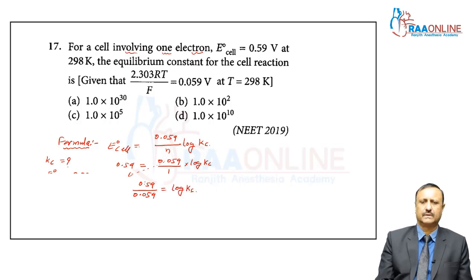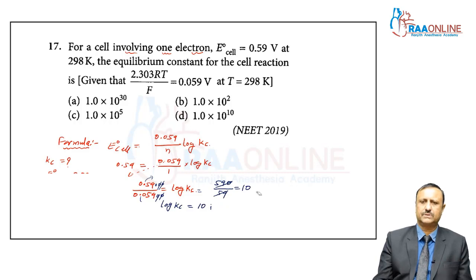When the decimal point is shifted, you get 2 zeros here, and shifting the other point, 1, 2, 3, you place 3 zeros. These zeros cancel with each other, so you get 590 upon 59, which gives 10. So log Kc is equal to 10.